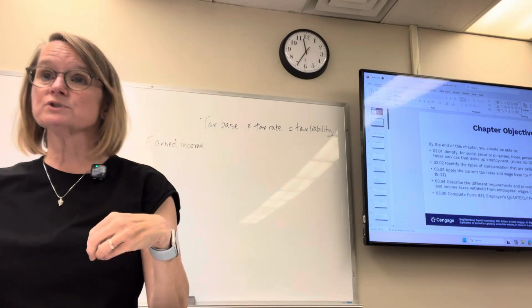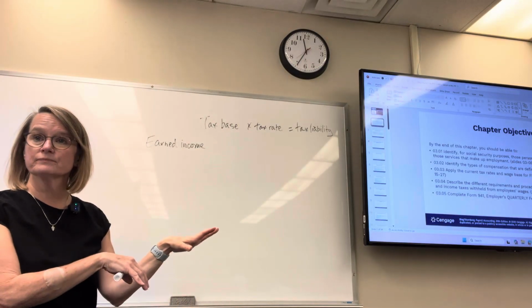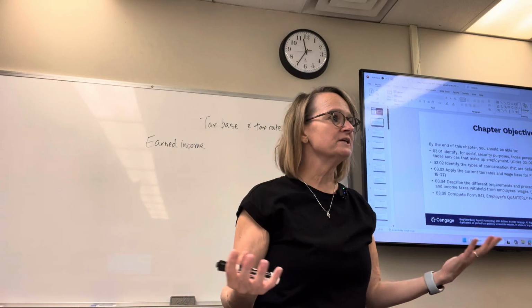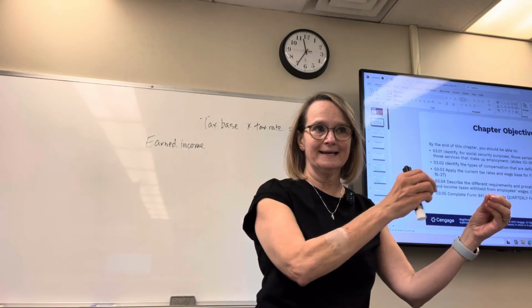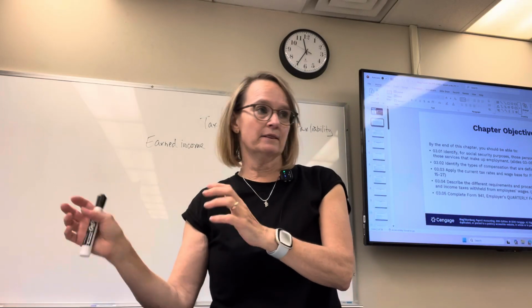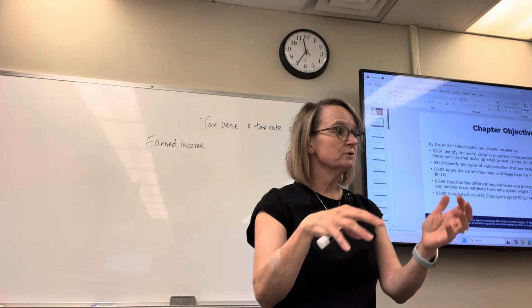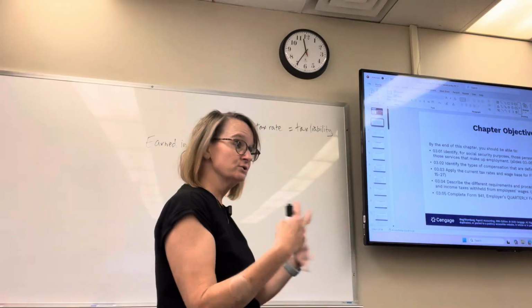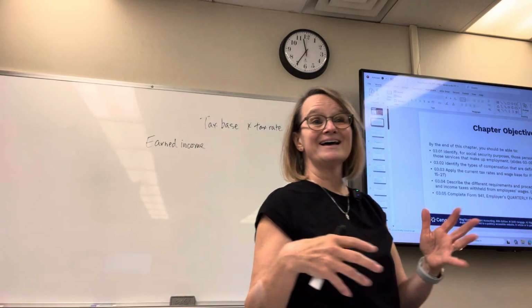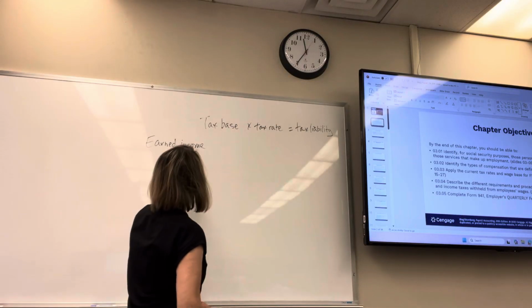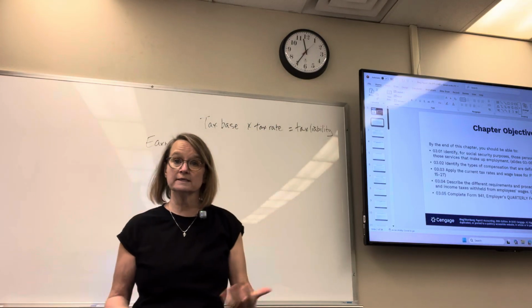Through our efforts, we have earned that income. As opposed to unearned income, which would be things where our money is earning its own income. Interest income: you deposit money in the bank, and the bank pays you for the use of that money. You're not doing anything. Your money is the one that's earning that income. There's no effort toward earning that. That's unearned income. The taxes that we're talking about in this chapter only apply to earned income.